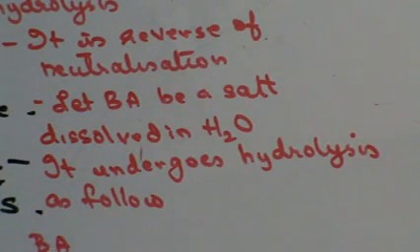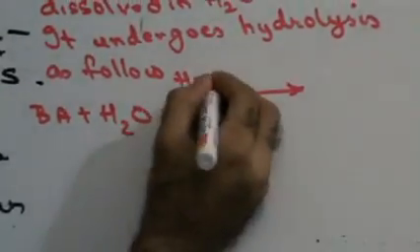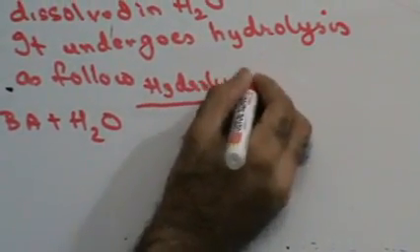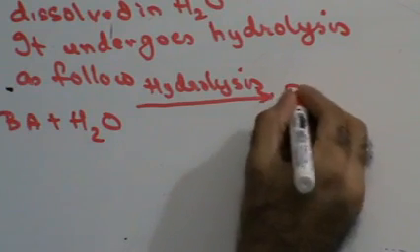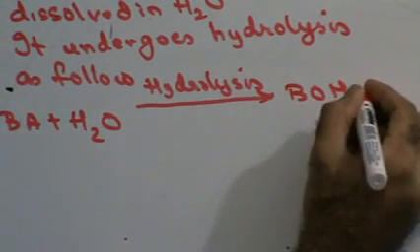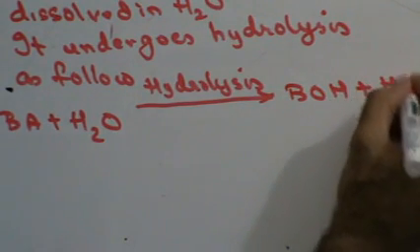BA is my salt which is going to react with water to give you hydrolysis. Right? In that case, B will react with OH and A with H, giving BOH plus HA.